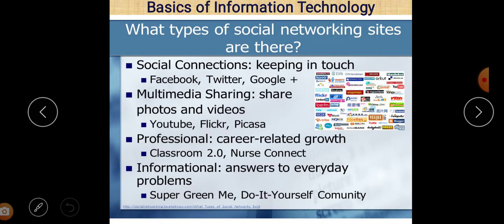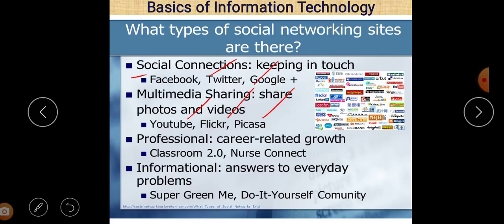So next question is, what types of social networking sites are there? Social connections, keeping in touch: these are Facebook, Twitter, Google Plus. Multimedia sharing, basically shares photos and videos, such as YouTube, Flickr, Picasa.